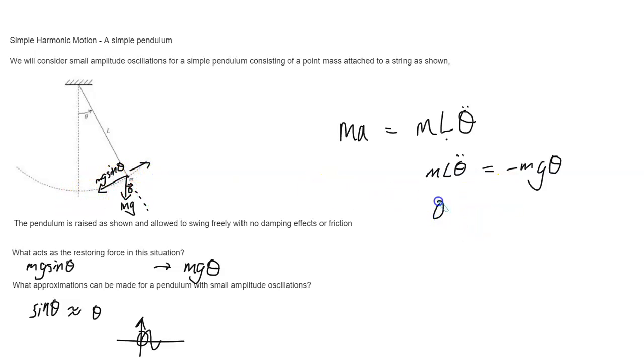And then rearranging as follows, you get theta double dot is minus g over L theta equals 0. And you can compare this to the equation earlier, which was x double dot minus k over m x is 0. And you can see that they're very similar.